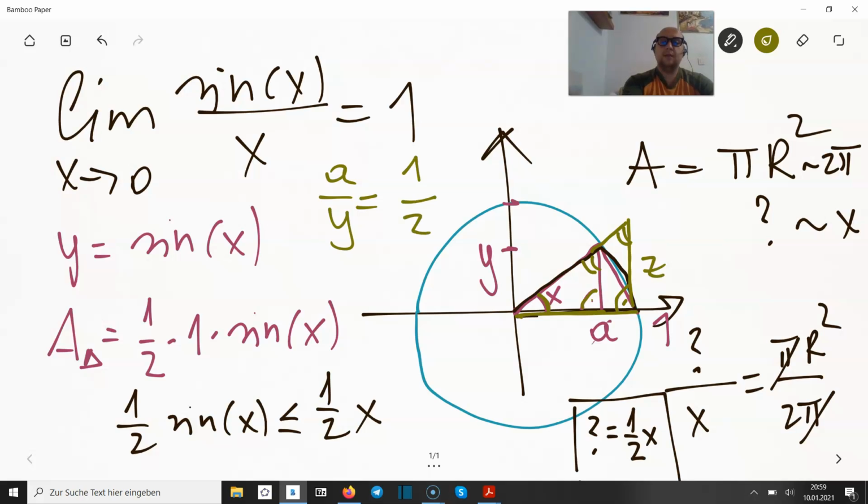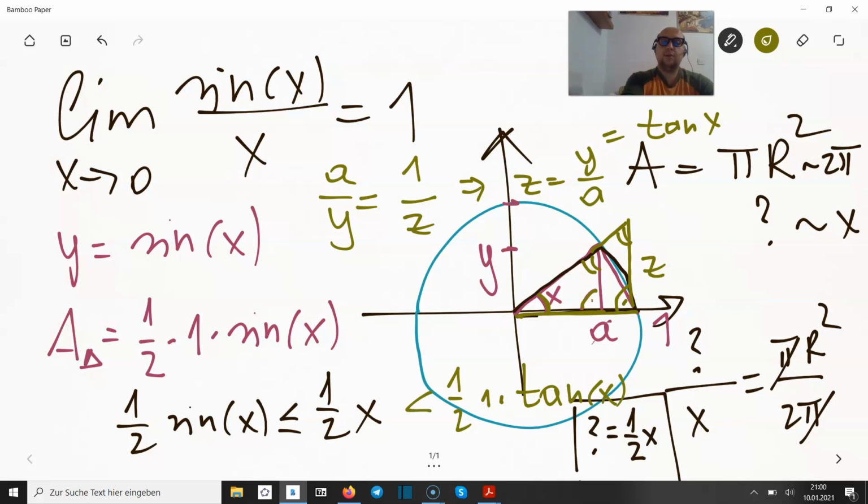So can we solve it for z? Yes, we could. We'd produce reciprocals. So z is equal to y divided over a, but y is the sine and a is the cosine. So this is the tangent of x. So this big triangle, the biggest one, has an area of a half times 1 times z, where z is the tangent of x, and we're still smaller or equal.